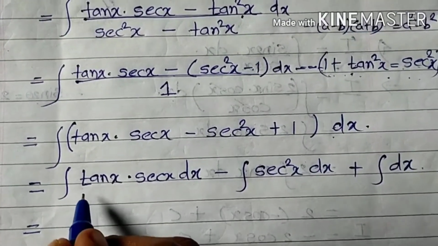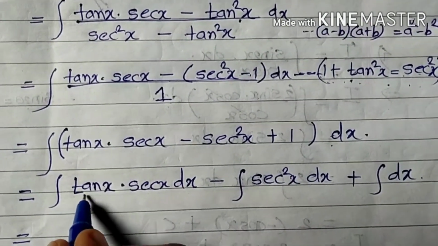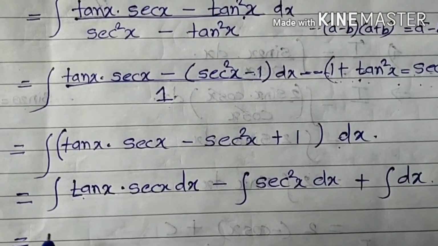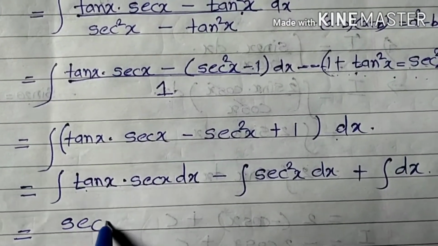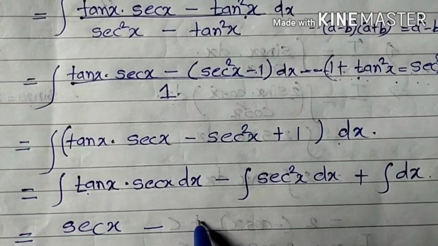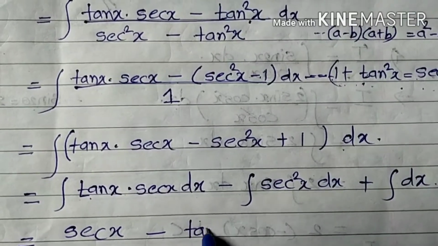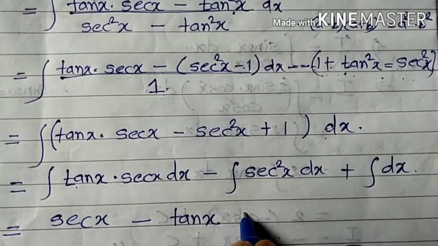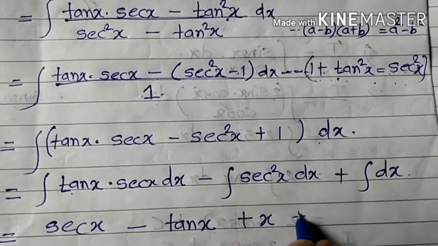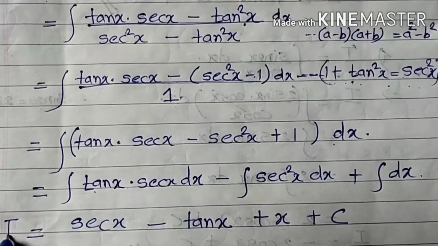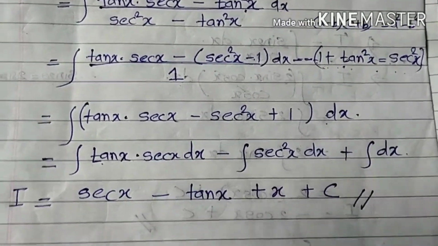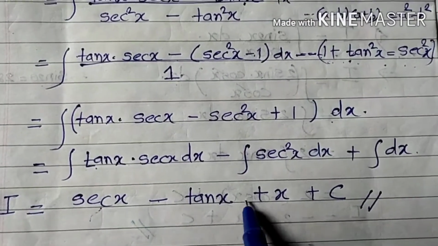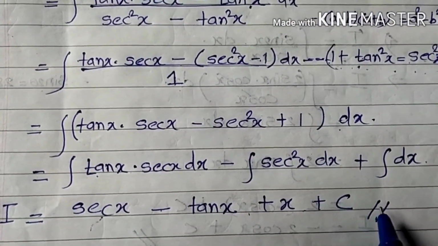Now we know that the integration of tan x into sec x is sec x, minus the integration of sec square x, which is tan x, the integration of dx is x, plus c. So this is your answer. I is equal to sec x minus tan x plus c.